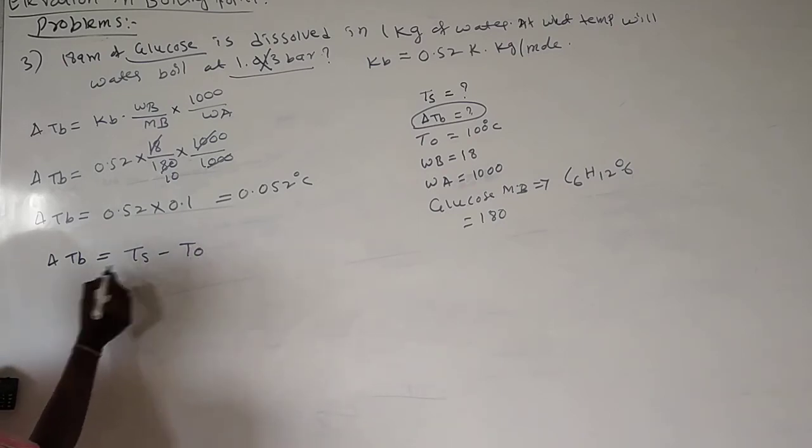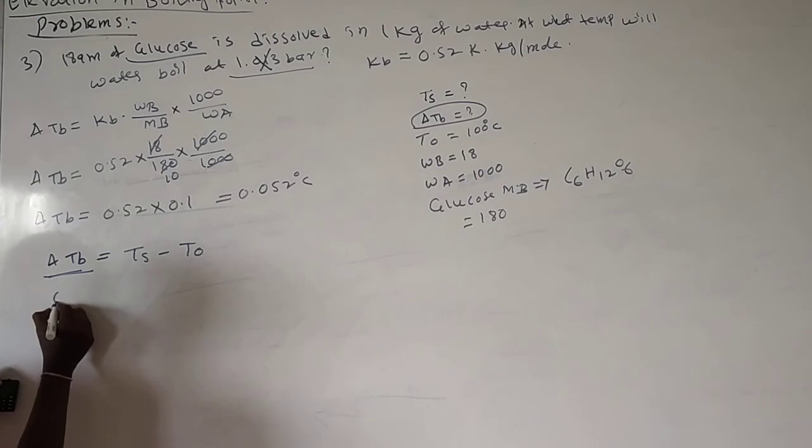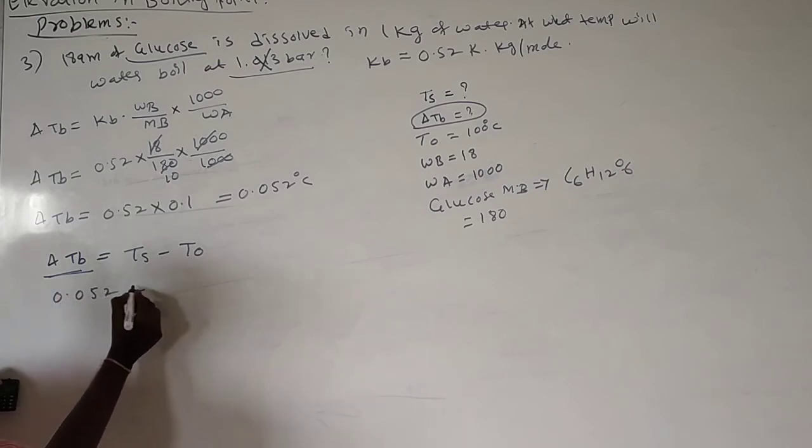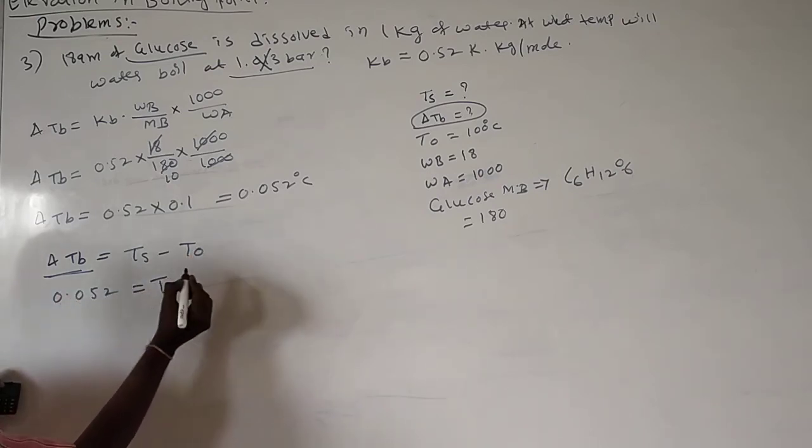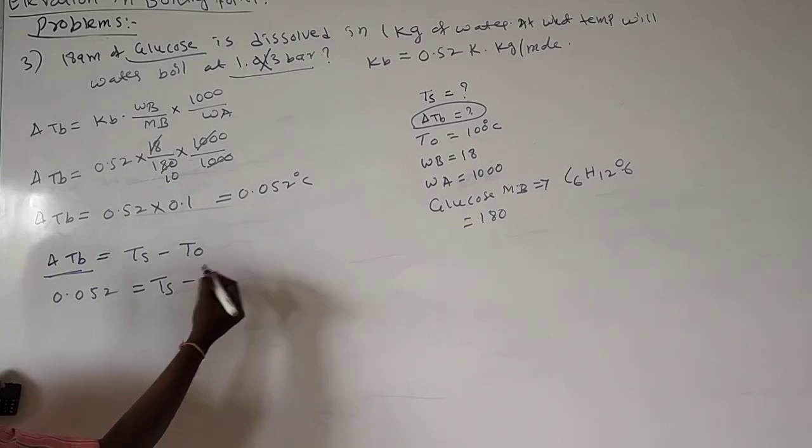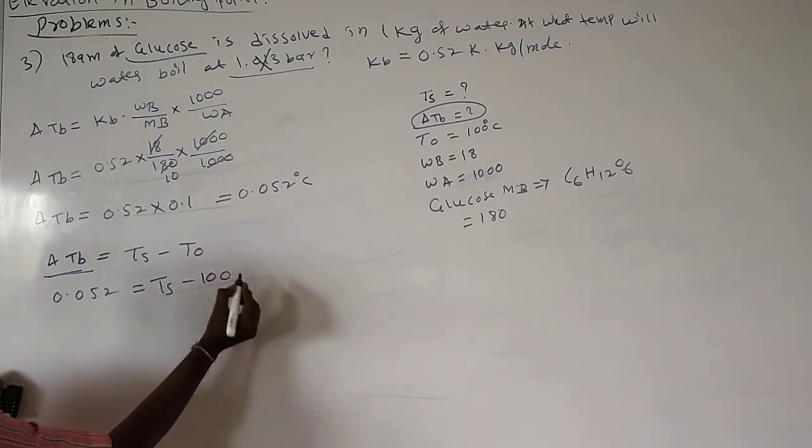We know ΔTb is 0.052. Ts we should calculate. T0 is 100 degrees.